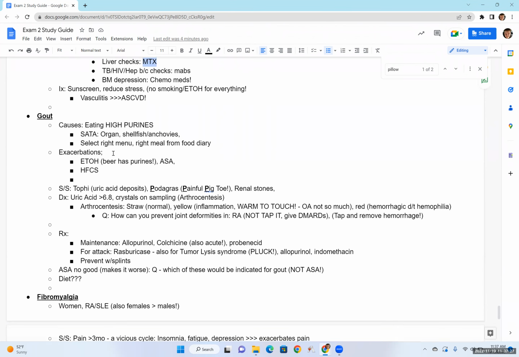And what else? So gout reminds me of diets, right? So you want to make a diet table if you haven't already. Like who gets a high iron diet, who gets a high folate diet, who gets a B12 diet. So obviously it's the anemias. All right, so then also gout diet.